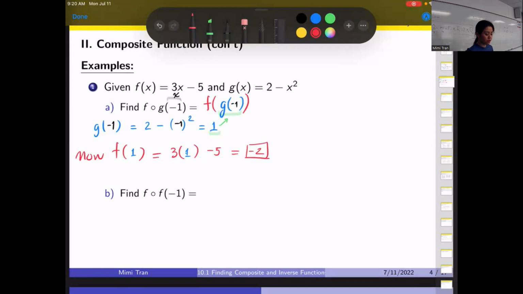Rewrite the same thing I do. Which function is outside? In this case, both are F, outside and inside.